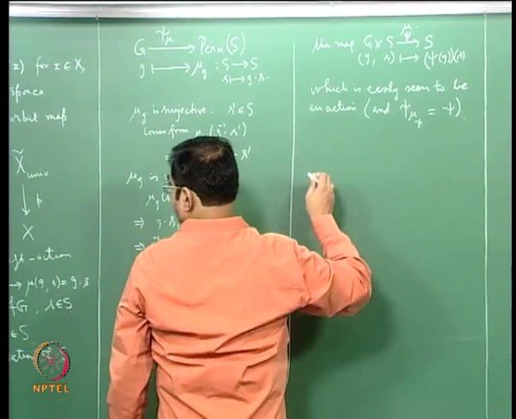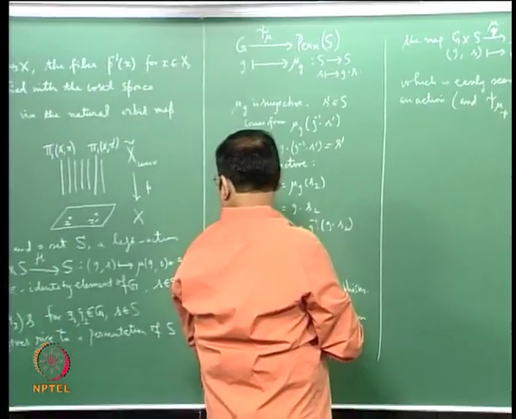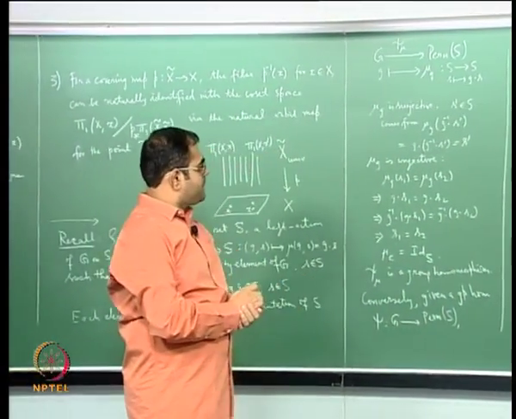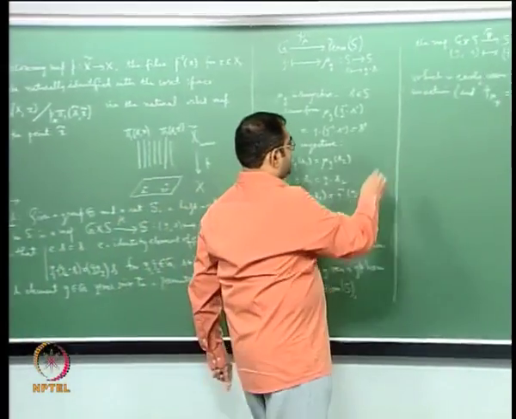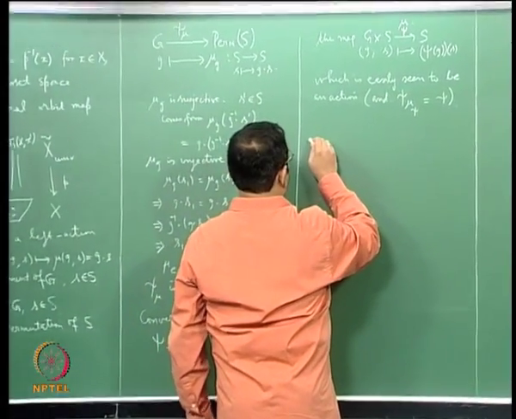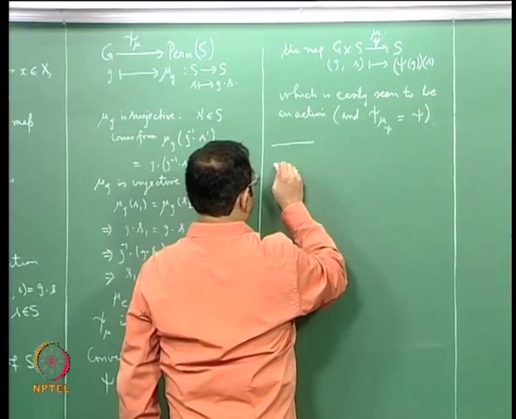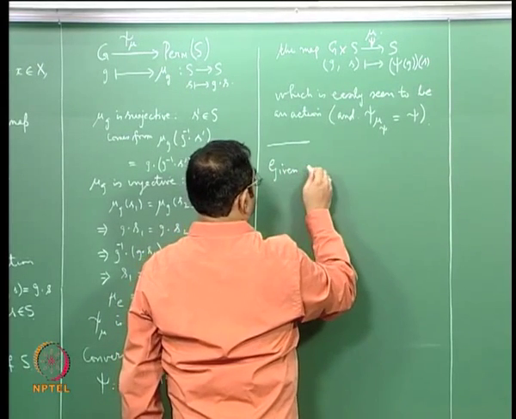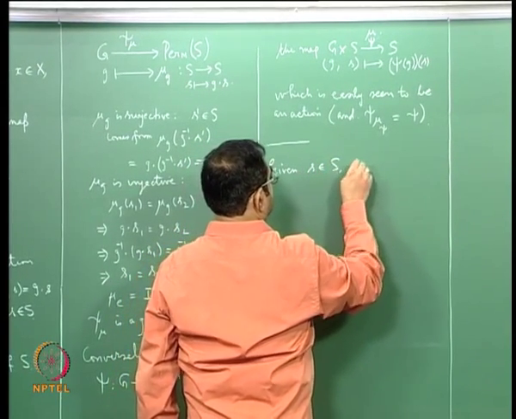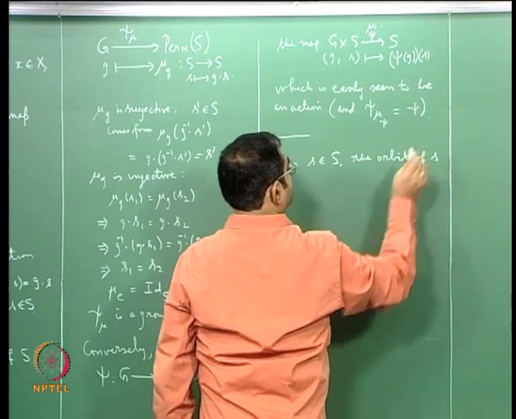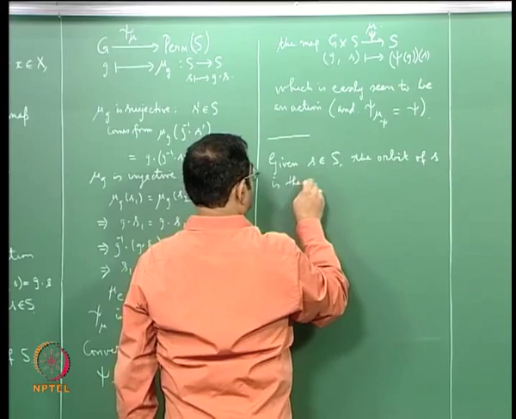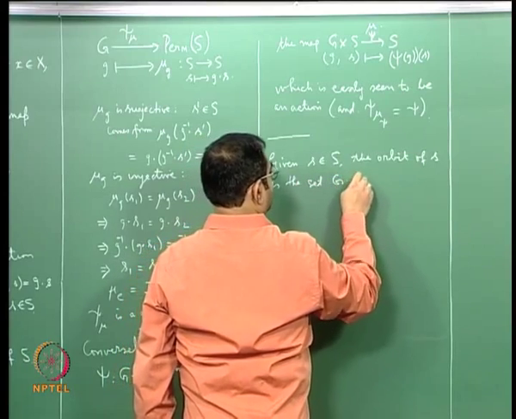Now the next thing that I want to tell you is about orbits. Let me say the following: given s in S, the orbit of s is the set G dot s.